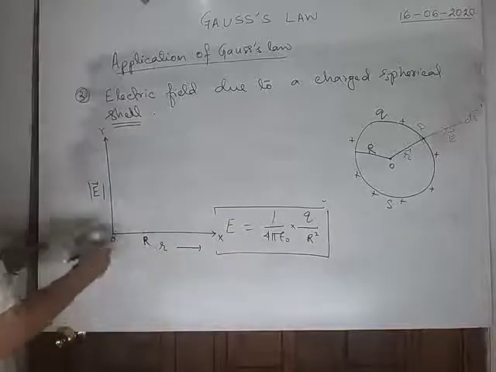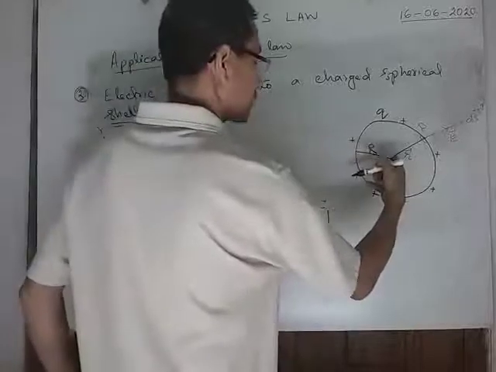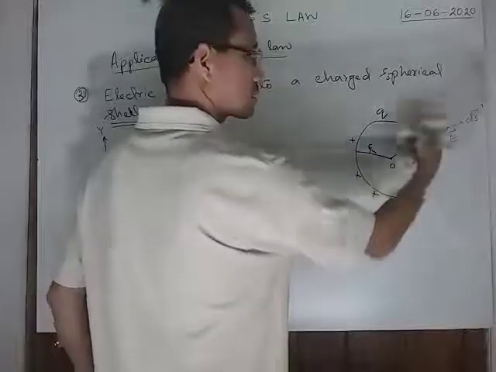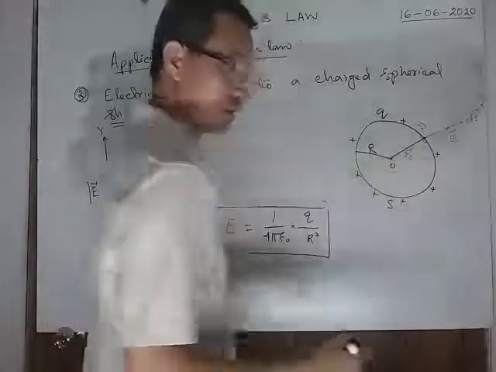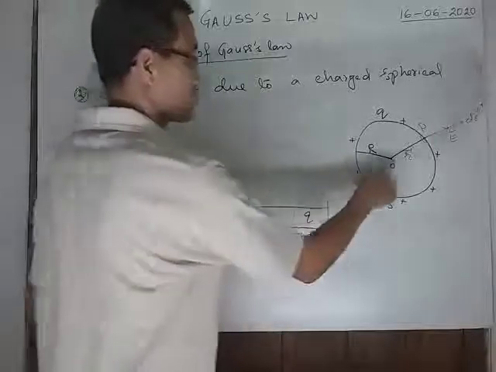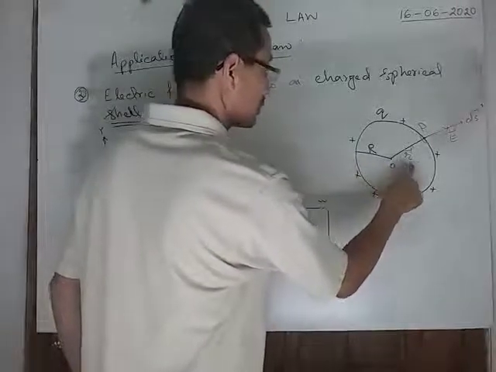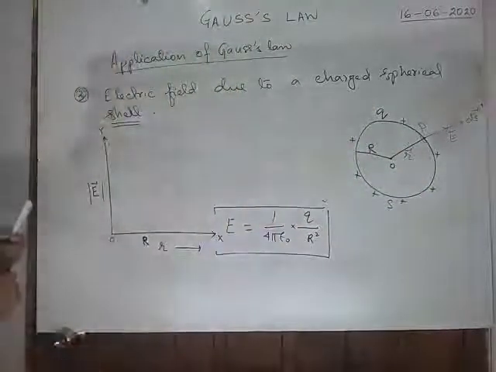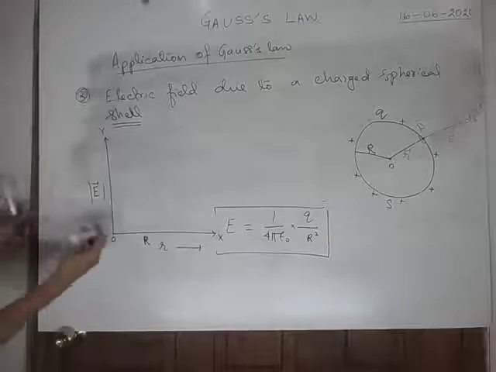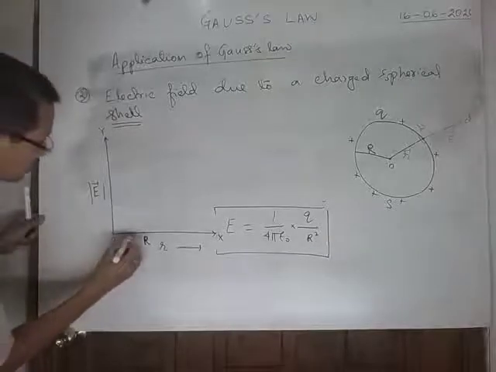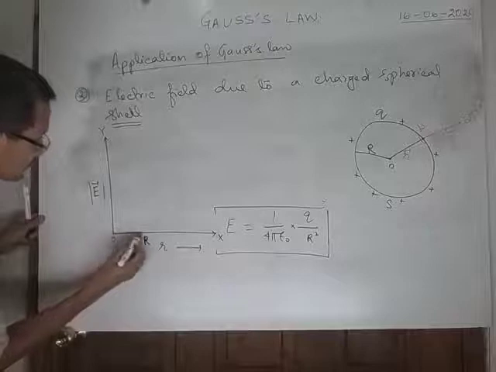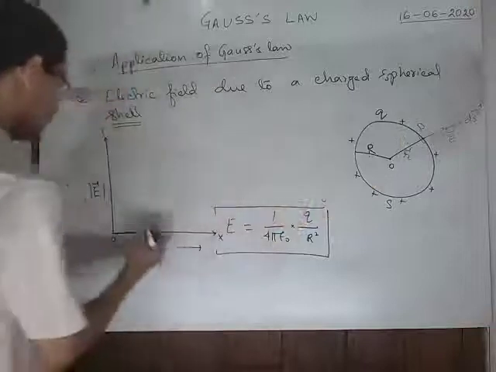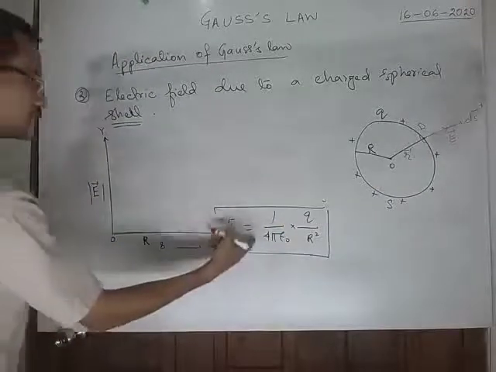So what happens in case number 2, inside the spherical charge? Electric field E was 0, right? So whether you take the point of observation here or here, all within the spherical charge, electric field E is 0. So your graph will be along this x-axis. Got it?